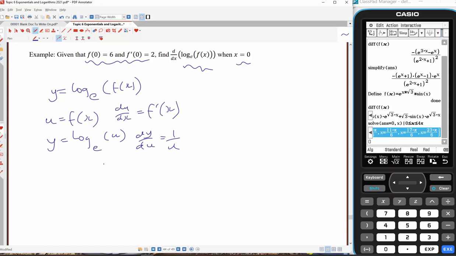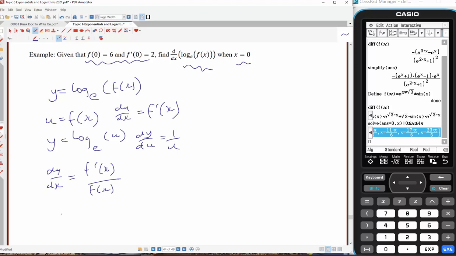Now these get multiplied for dy/dx, which equals f dash x over f of x, with u subbed in.